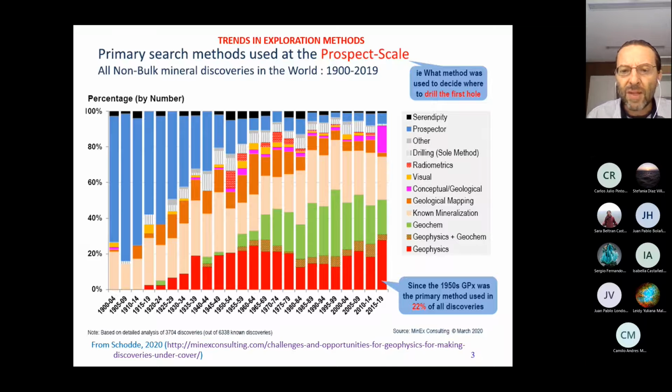Now, what you see in this very pale pink in the middle says known mineralization. What this means is that there is something interesting about mineral deposits: they come in clusters. So that's why you hear about mining districts. The idea is that if you find a significant deposit in a virgin territory, it is very likely that in the vicinity of this deposit there might be others.